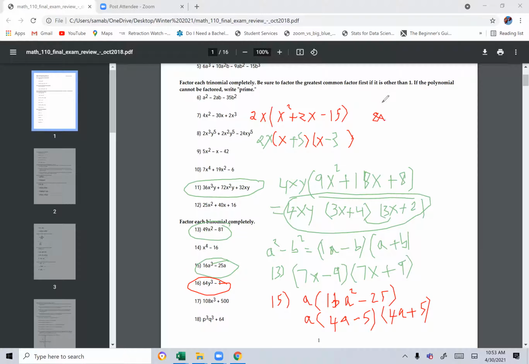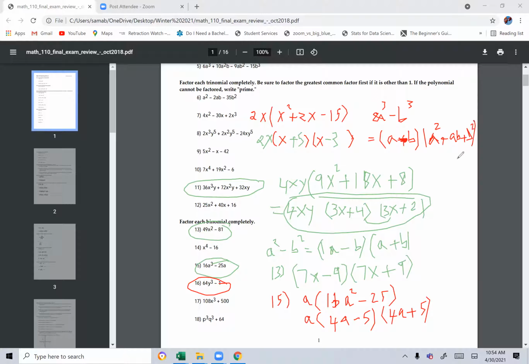A cubed minus b cubed equals a minus b, and then a squared plus ab plus b squared.